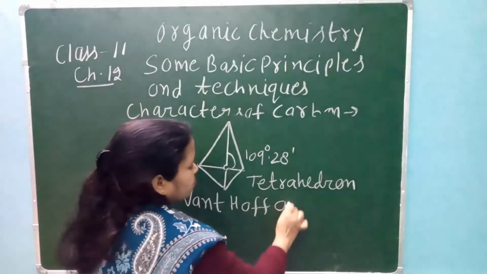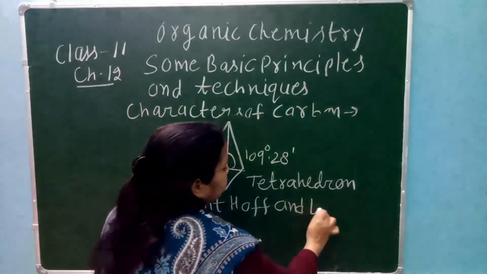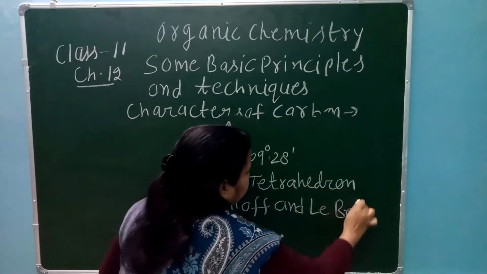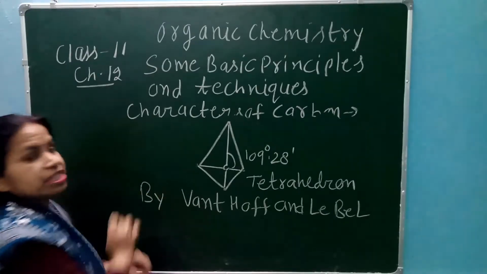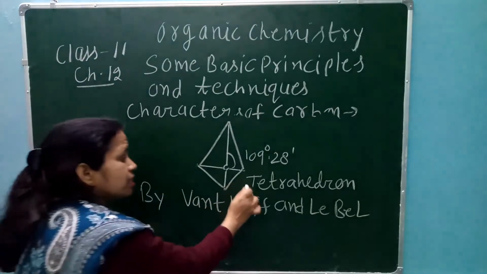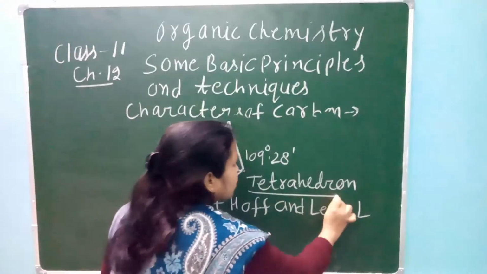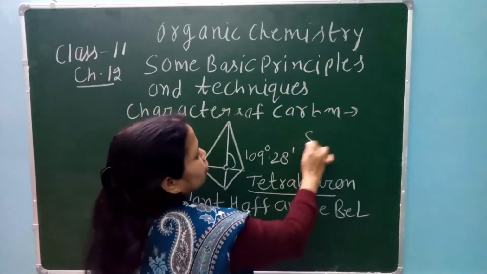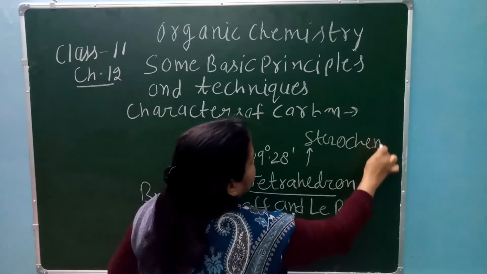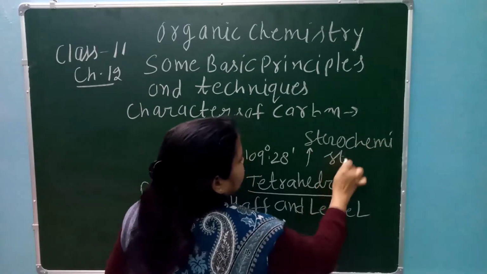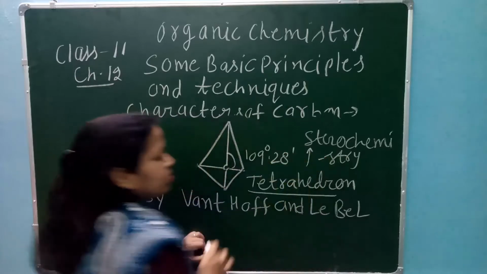This structure was found out by van 't Hoff and Le Bel, the scientists. And this tetrahedral structure is the base of stereochemistry.